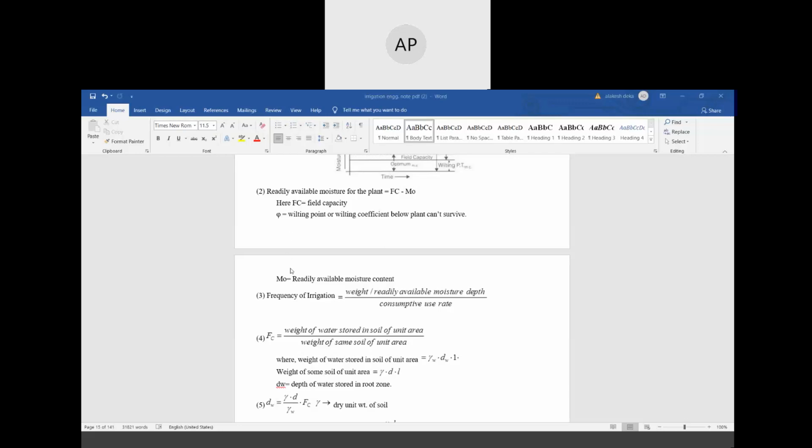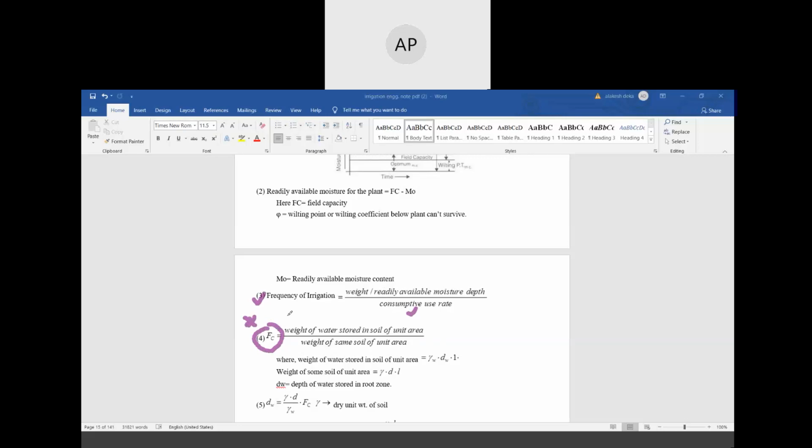Next is frequency of irrigation. Remember the definition. Frequency of irrigation is the readily available moisture depth divided by consumptive use of water. Next, this one is important, field capacity. What is field capacity?